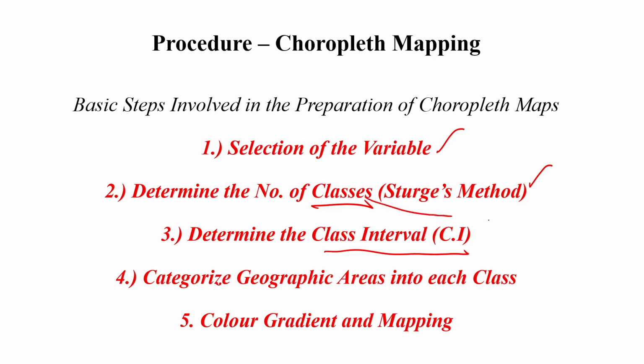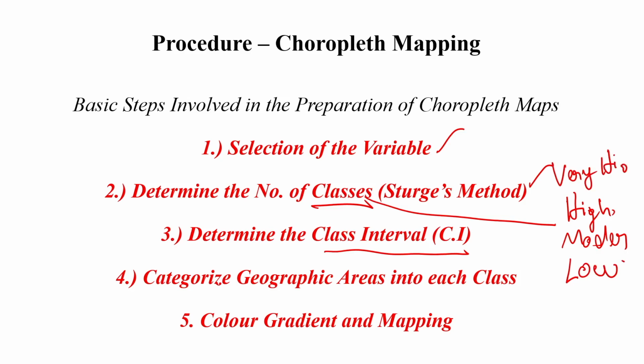So you can bring it like this: high, moderate and low. You can also have n number of classes. You can add very high, high, moderate, low.